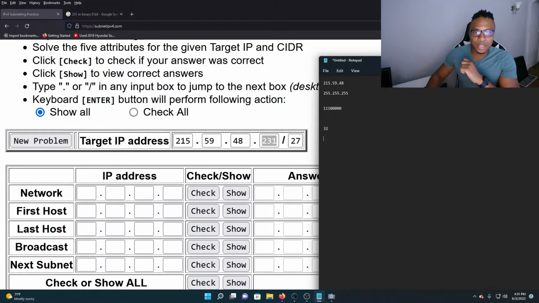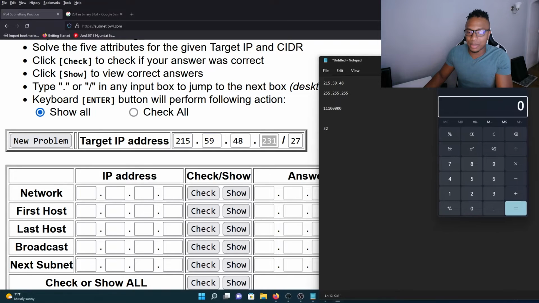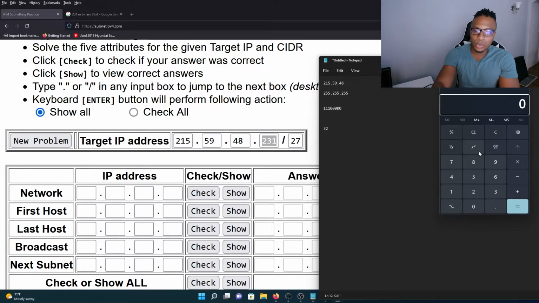So what we're going to do with the magic number is keep doubling it. Let me open the calculator. We're going to keep adding the magic number until we fall around 231. I'll show you what I mean in a second. So 32 plus 32. Anything between that, 231 doesn't fall within that, so we're going to keep going.